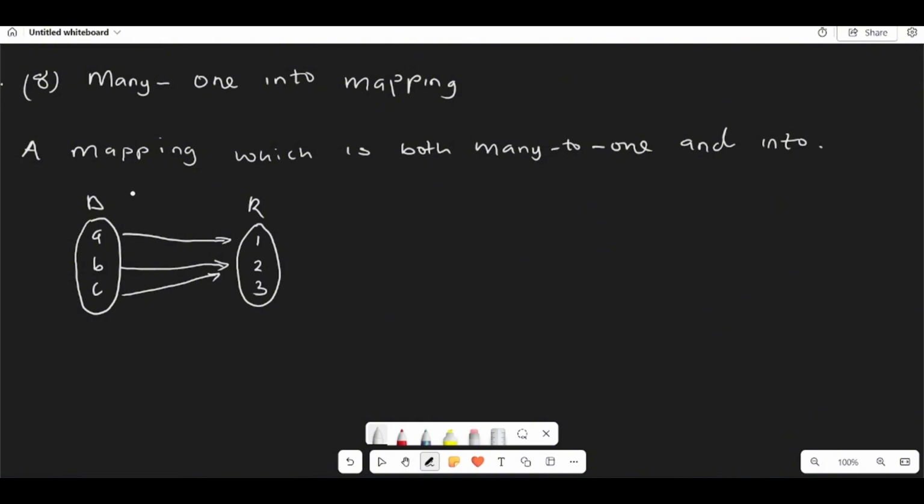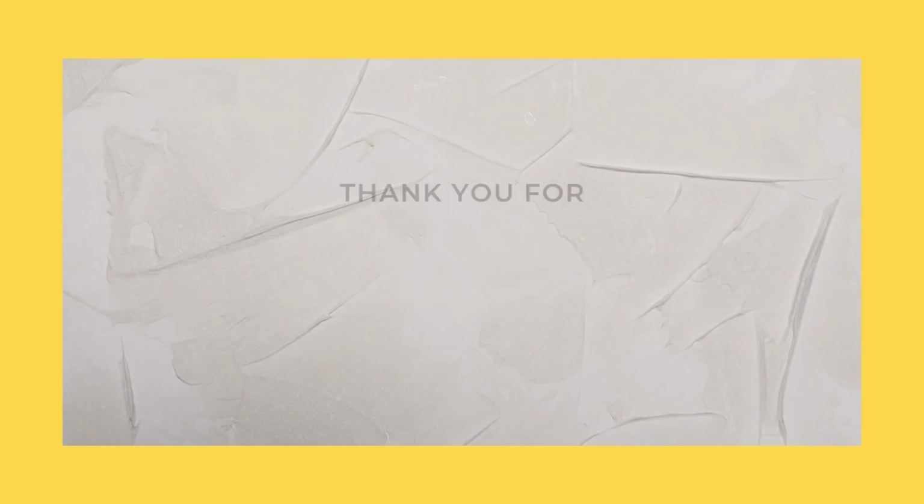This example is many-to-one because there are two elements in the domain that are mapped with a single element in the range, and also it is into mapping because there is an element in the range that is not associated with any element in the domain. So it is many-to-one into mapping.